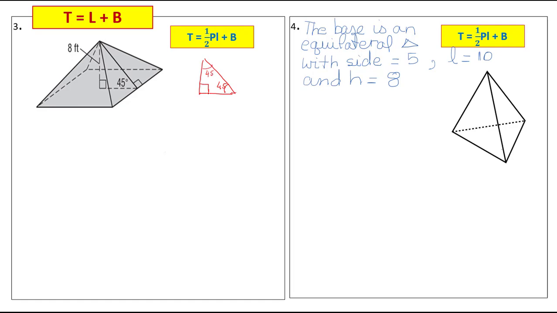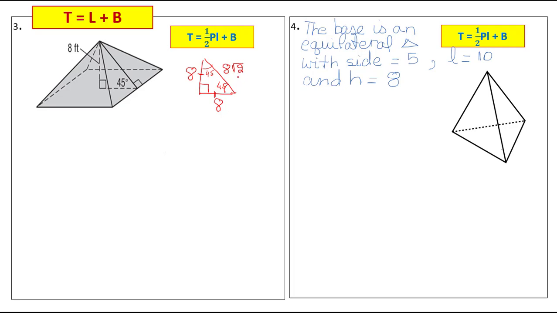So this is an isosceles triangle. So this side is equal to that side. This is 8, so this too will be 8. And this, by the facts that we know, is equal to 8√2. The hypotenuse is 8√2.